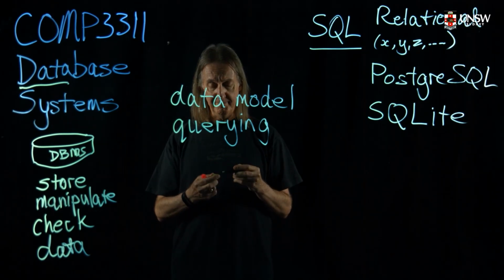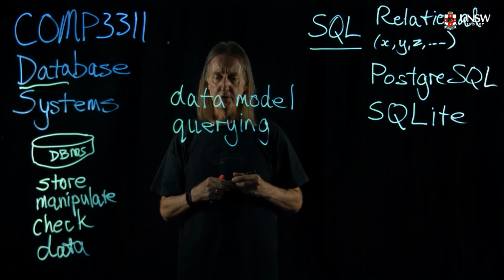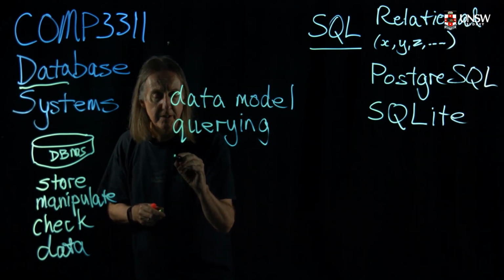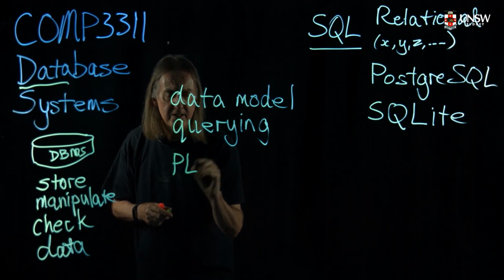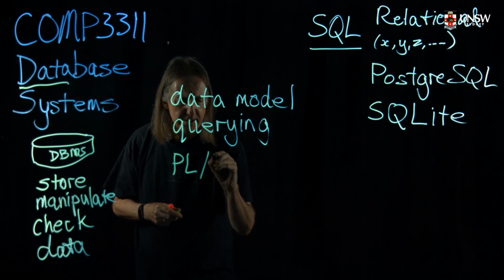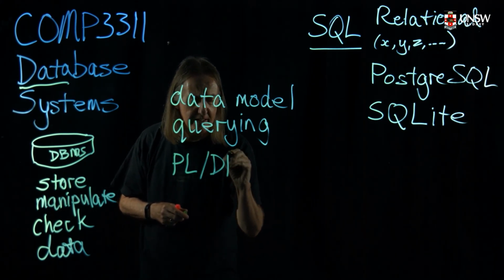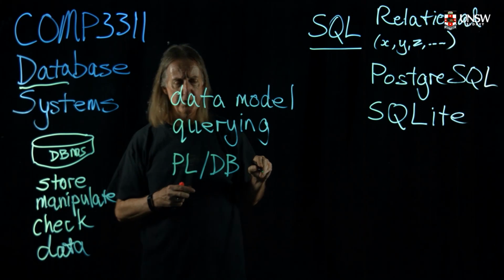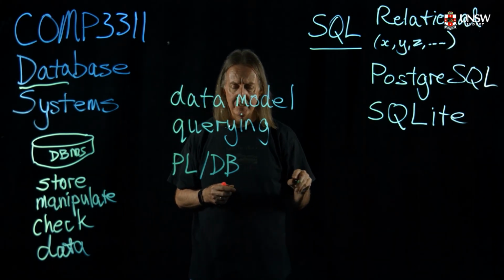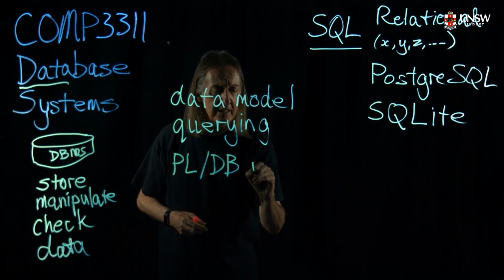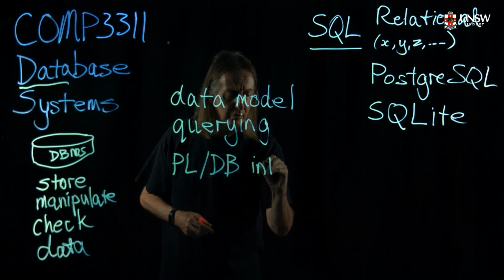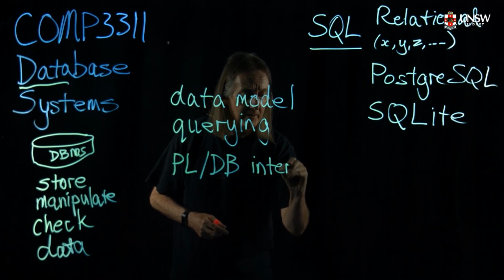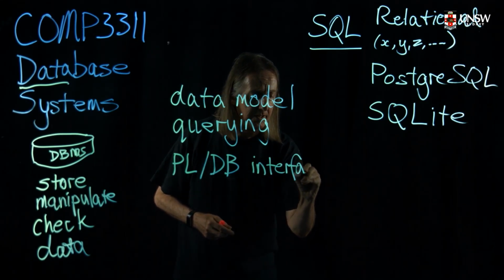Speaking of applications that use a database, another very important thing that we'll look at in this course, and which doesn't tend to be covered in a lot of database courses that I've seen from other universities, is the interface between programming languages and the database.